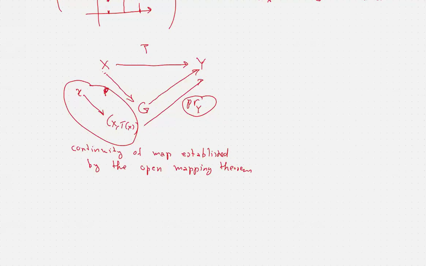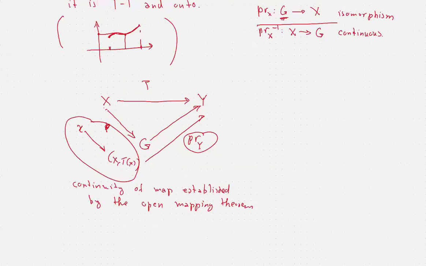So now basically what we have is T is the composite of two continuous linear maps, and hence it's continuous. And that's pretty much the proof of the closed graph theorem. So the closed graph theorem is based on the open mapping theorem.